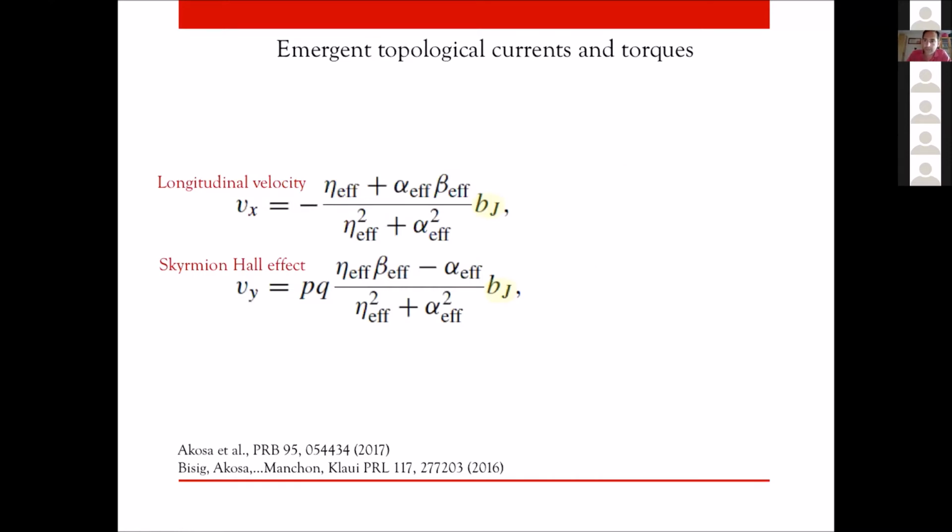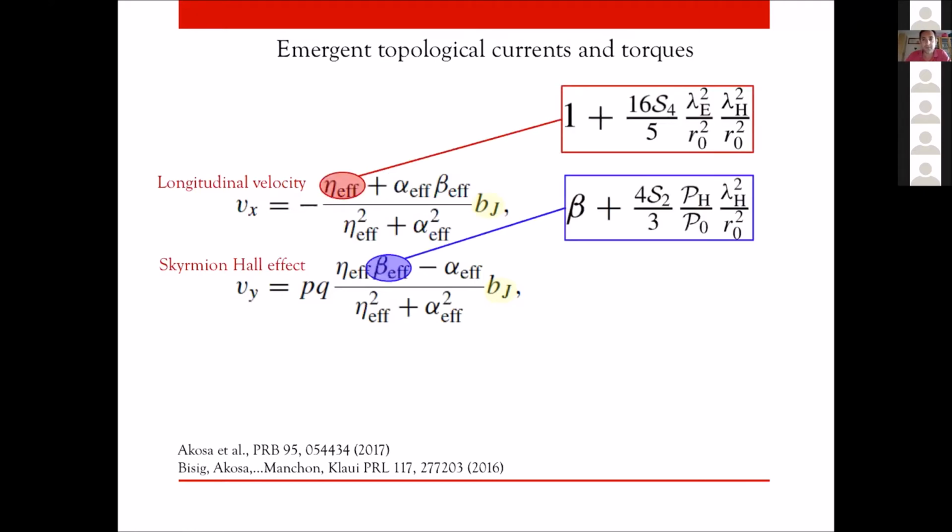And what we show is that when you take this emergent electromagnetic field into account, you have an effective damping, an effective geometric ratio, and an effective non-adiabaticity term. And basically, all those terms are inversely proportional to the square of the radius of the skyrmion.